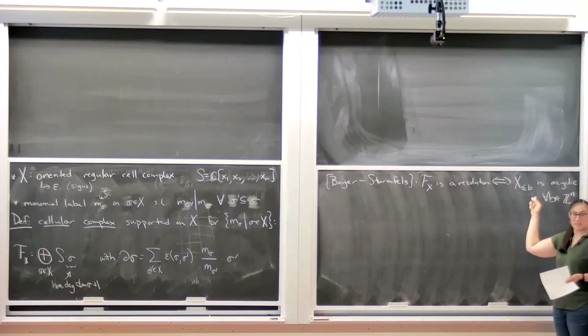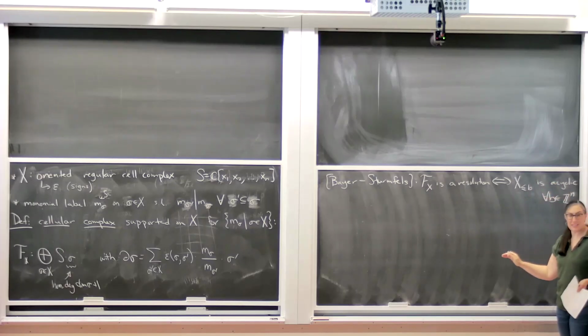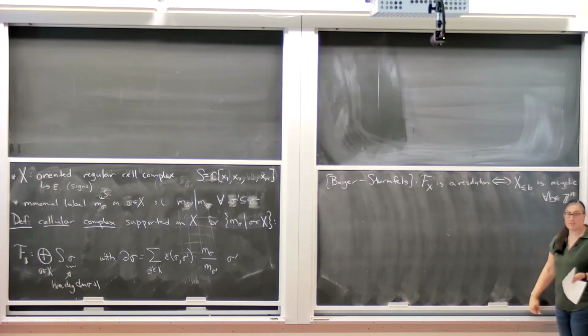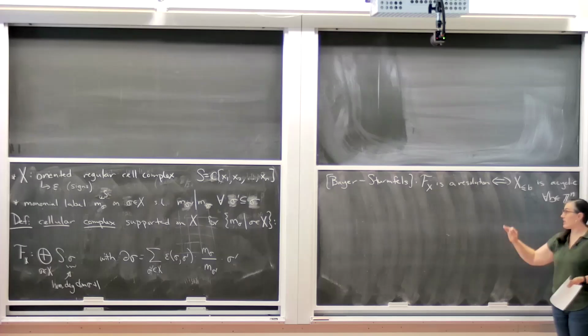Acyclic just means no reduced homology. So there is a topological condition that says the labels are close enough together that nothing bad goes wrong, and then you get a resolution.